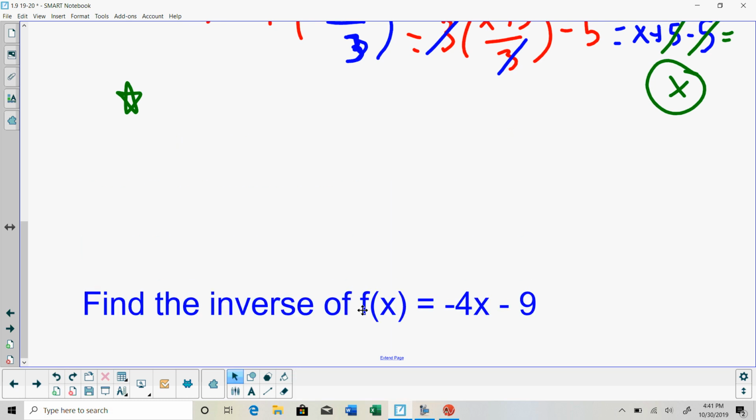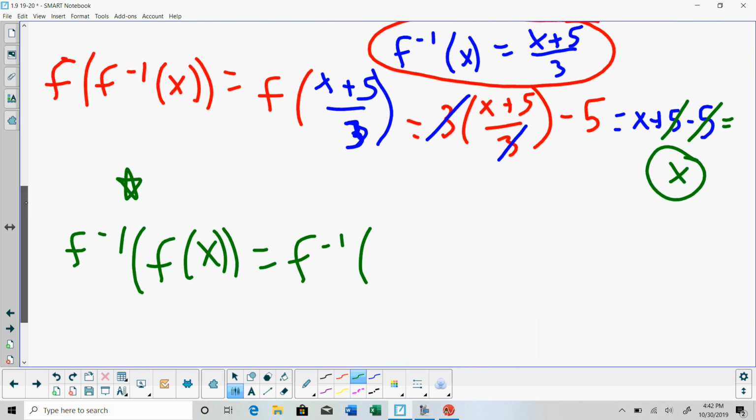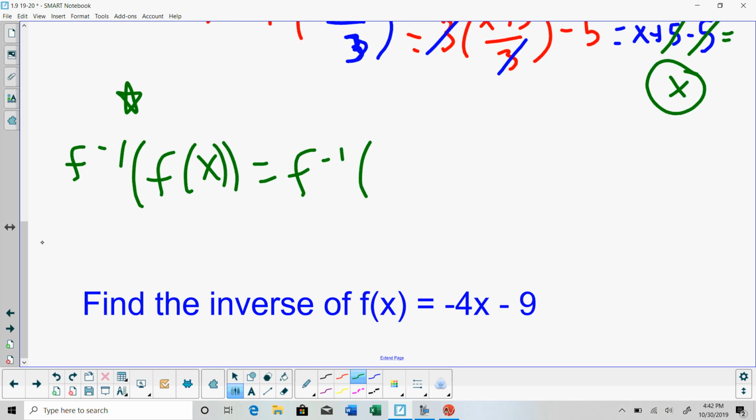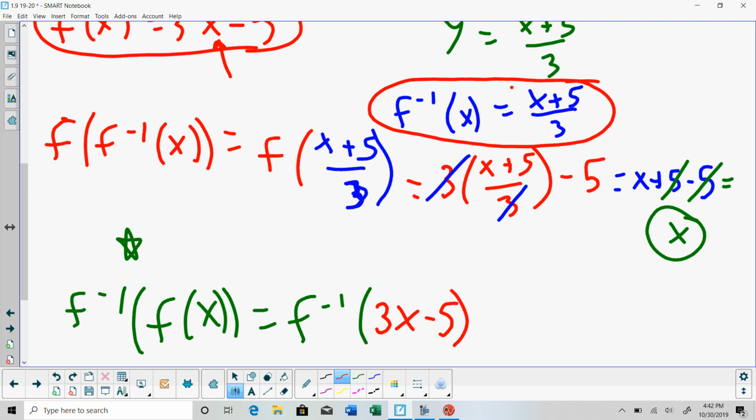So let's do that. That means we need to test f inverse of f of x. So that's going to be f inverse of, and we said our f of x function is 3x minus 5. I'm going to go into my inverse function and plug in 3x minus 5 where that x is.